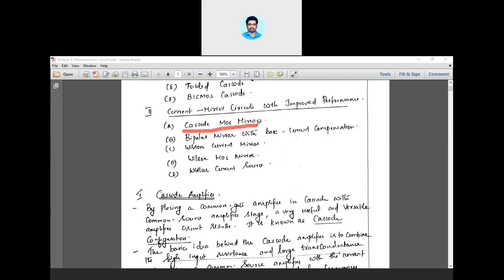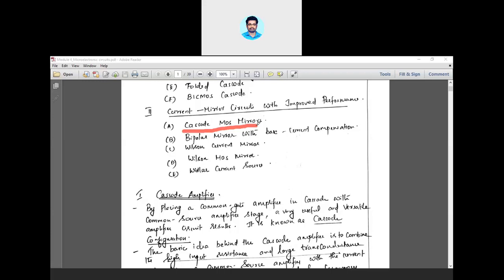In a cascode, you have both common source as well as common gate. The common source is the first stage. The common gate is the second stage. Common source has an output resistance of R0, which is amplified by A0. So the total product is A0 into R0, which is the actual output resistance of the entire cascode amplifier. So that output resistance we have to set for the current source also. Then only the resistance matching will occur and maximum current can be delivered from the current source to the load.